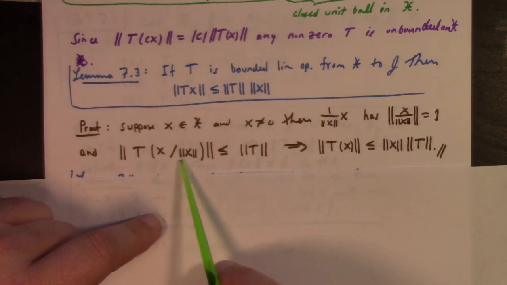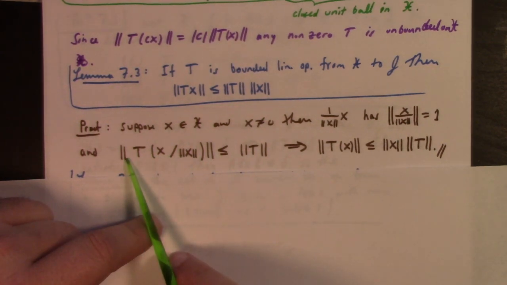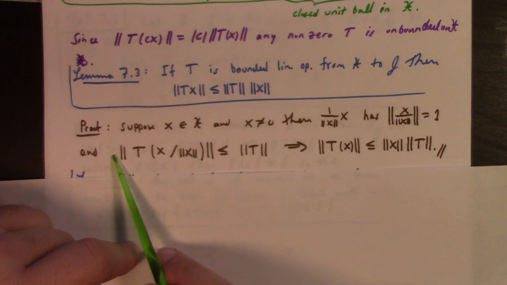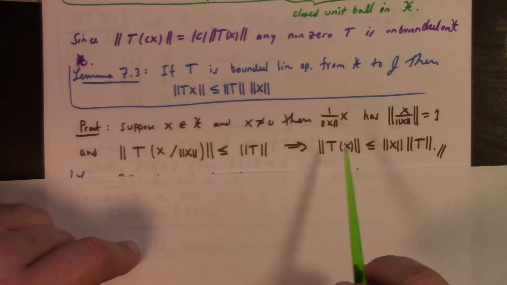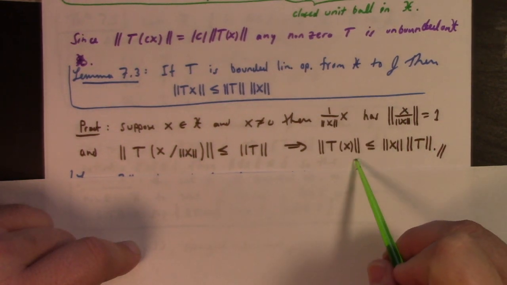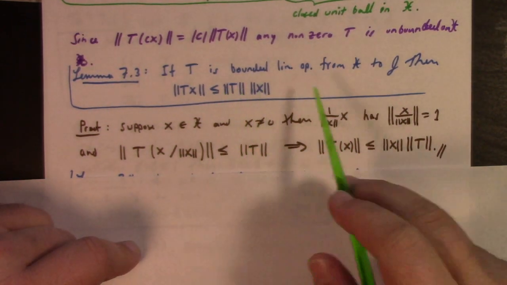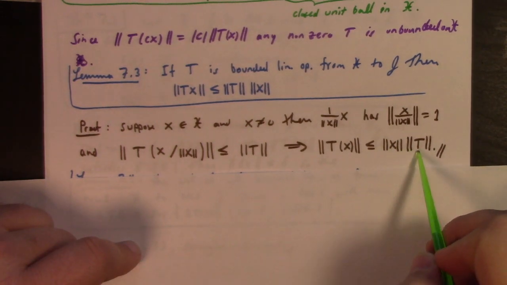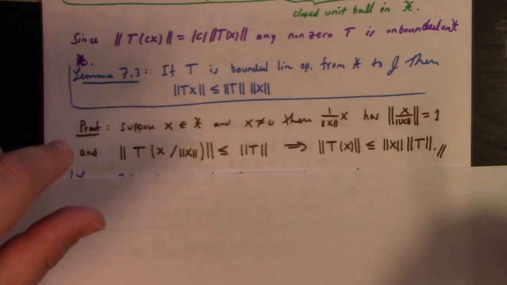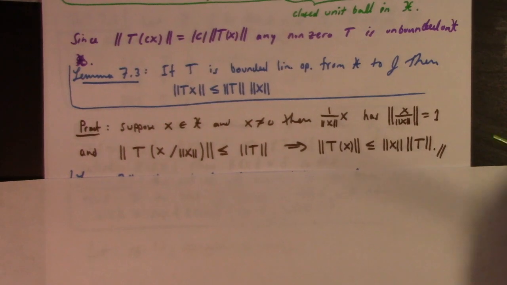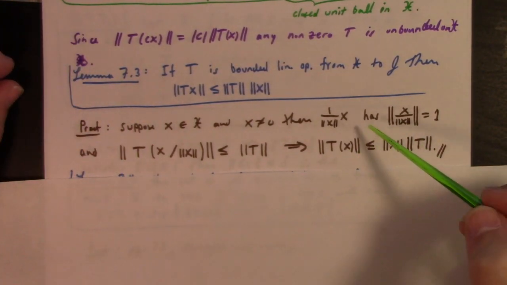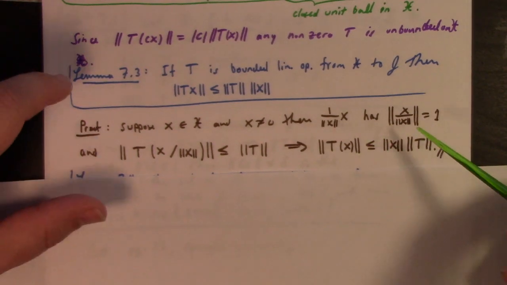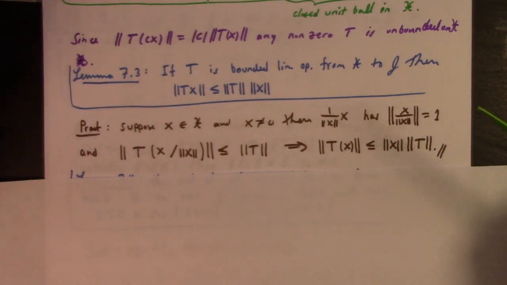But then by homogeneity, I can pull out the norm of x from here, and then I can pull it out from there at no extra cost because the norm is already positive, so the absolute values are redundant. And bam, you get that the norm of T of x, and you can omit the parentheses if you like, is less than or equal to the norm of x times the norm of T. And of course, if x is 0, this is trivially true because the linear transformation acting on 0 is 0, and the norm of 0 is 0. So 0 equals 0, yay!